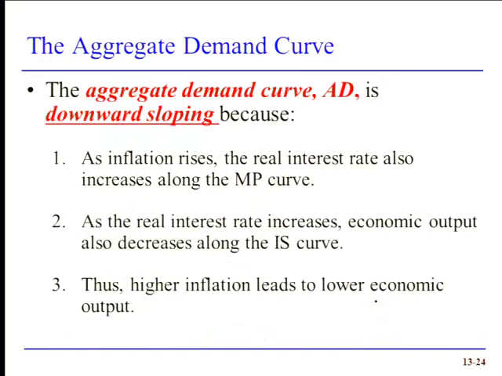One is, it's important to keep in mind why the aggregate demand curve is downward sloping. If you remember your microeconomics at all, the reason a demand curve in microeconomics is downward sloping is because as the price rises, buyers substitute out of the higher price good into lower price substitutes. That is not, let me repeat, that is not what is happening here. There is no substitution effect at the macroeconomic level. Right?